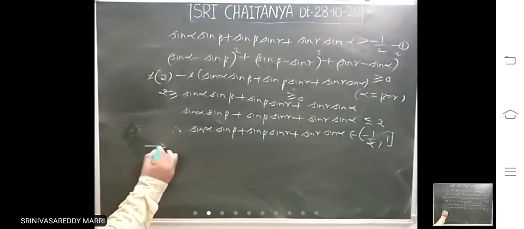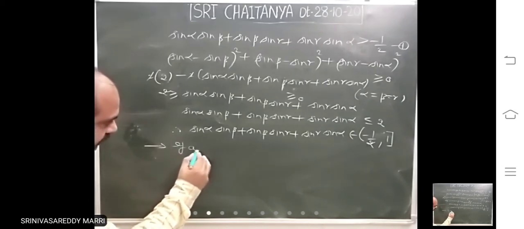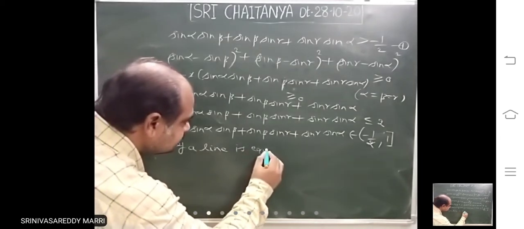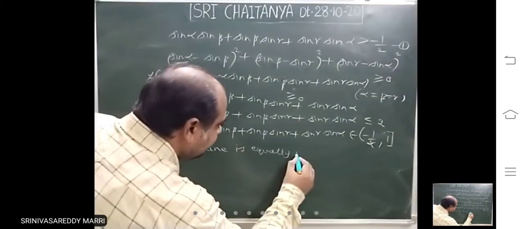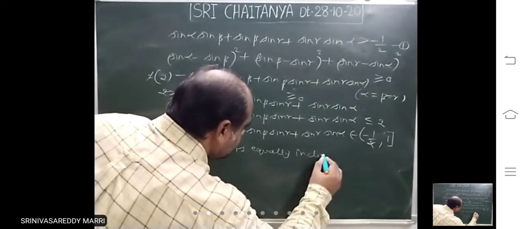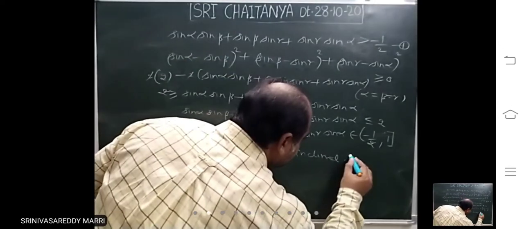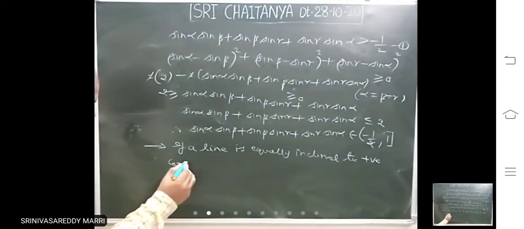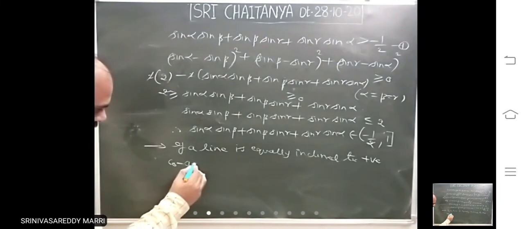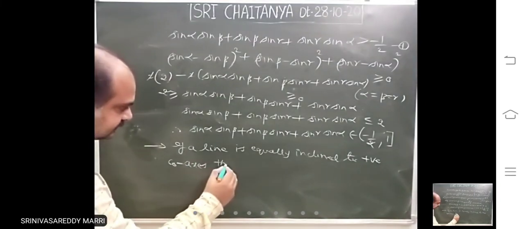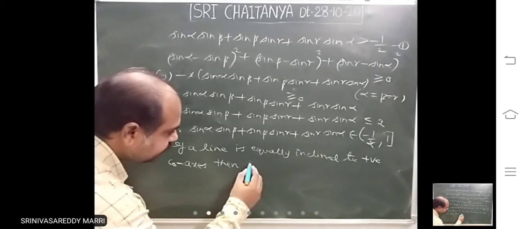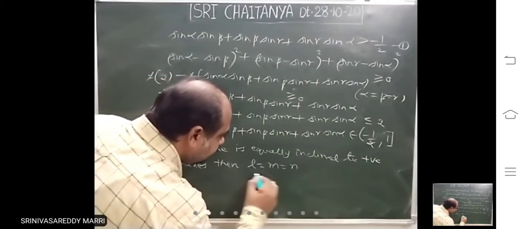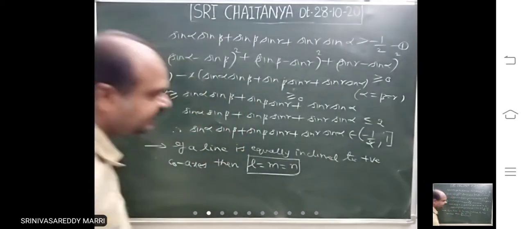If a line is equally inclined to the coordinate axes, then l equal to m equal to n. This is a very important relation.